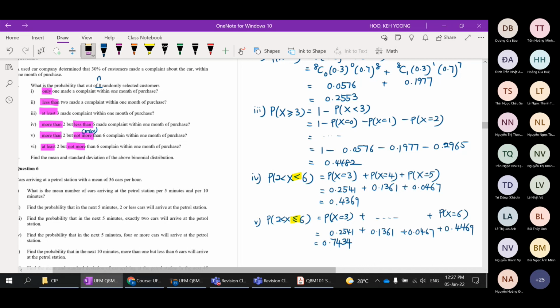Sorry, I copied wrong. This should be the next question. So here, probably x equals 6 should be 0.01. Okay, 0.4469.